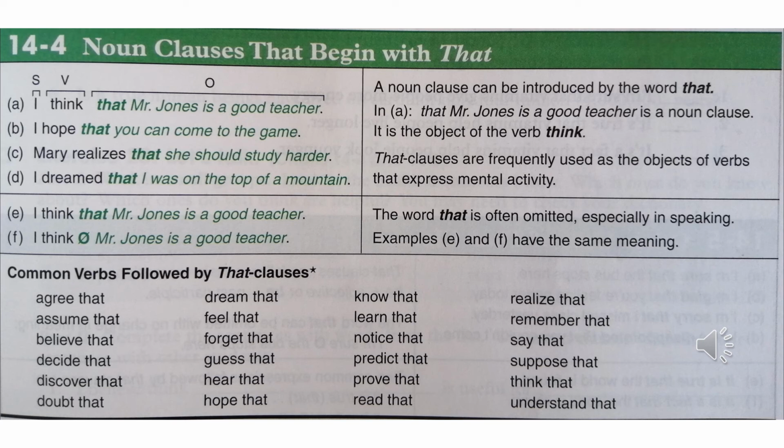So a noun clause can be introduced by the word that. In A, that Mr. Jones is a good teacher is a noun clause that functions as the object of the verb think. That clauses are frequently used as the objects of verbs that express mental activity. So think, hope, realize, and dream express mental activity.